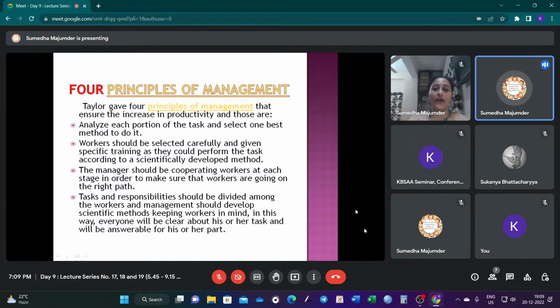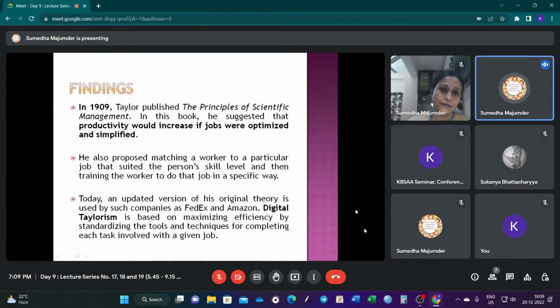If as an employee I feel satisfied and have minimum confusion, then I can easily perform my daily activity for my business or employer. So these are the four basic principles of management identified by F.W. Taylor in his scientific thought of management.